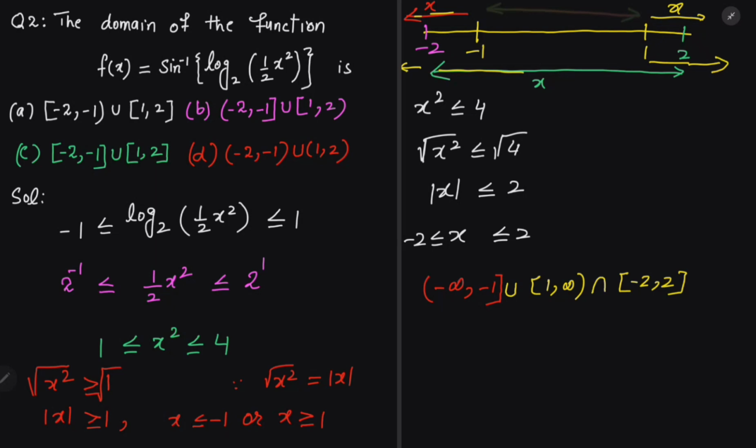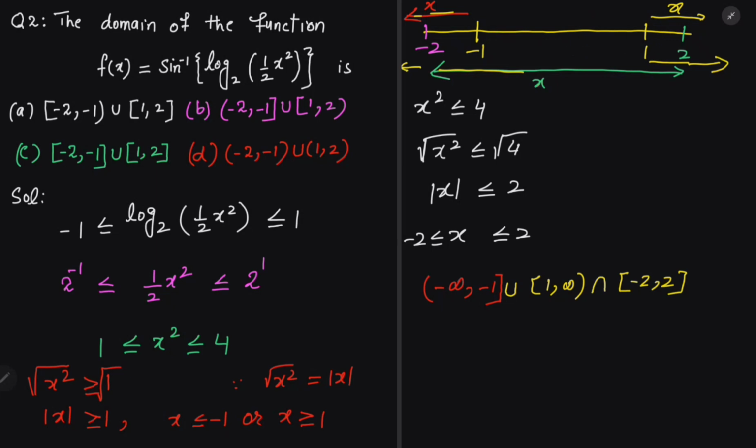It can be excluded. So the common value to all of this is, if you just take, for example, minus 2 to 2, then the problem is this x is not defined for this value.